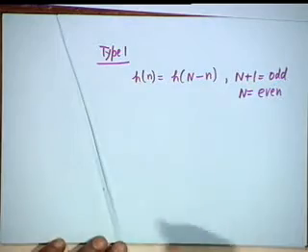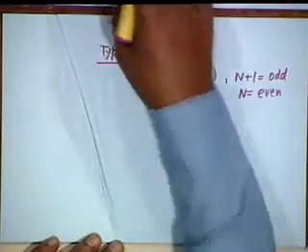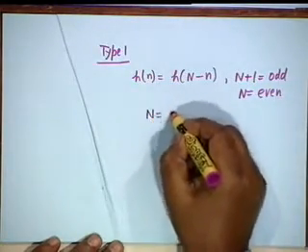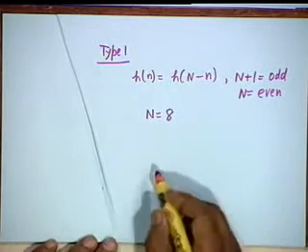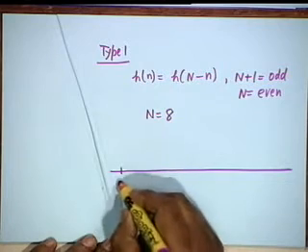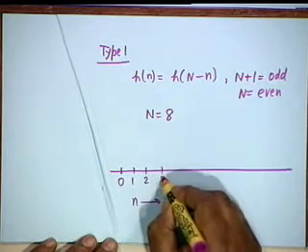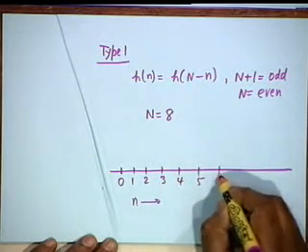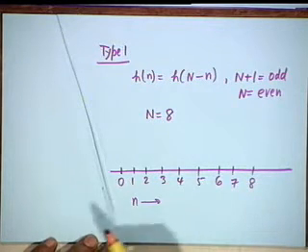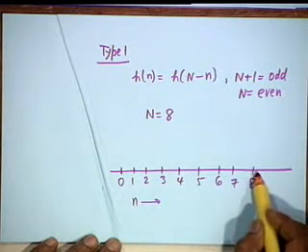Okay. To concretize our concept, let us consider a simple example. Let us say capital N equal to 8. Now look at this symmetry. Small n starts from 0, 1, 2, 3, 4, 5, 6, 7, 8. The length is 9. What we require is that h(0) should be equal to h(8).